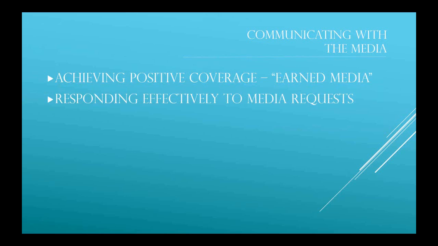It's also important to think when considering media work, how can folks respond as quickly and effectively as possible to media requests. In other words, when a journalist or a reporter calls your agency or sends you an email and says, we'd really like to interview someone or speak to someone there on background about such and such matter because something is in the headlines or is going to be in the headlines, if possible, it's always best to try to respond as quickly and effectively as you can.